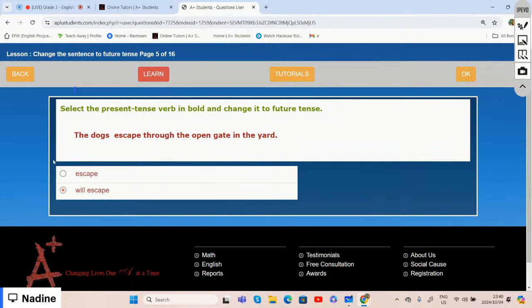And then lastly, we say that the dogs will escape through the open gate. Yes. Well done. Yes, option two is correct. Will escape, right? Because if we just say the dogs escape through the open gate, that is the present tense.